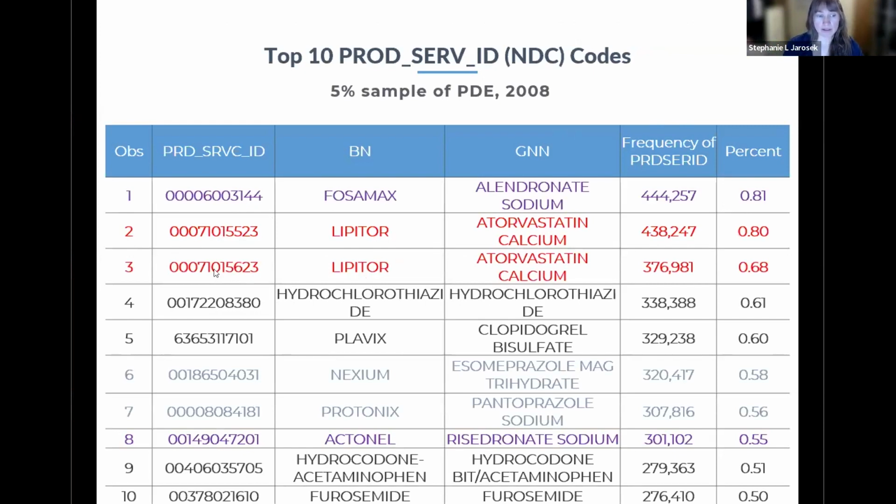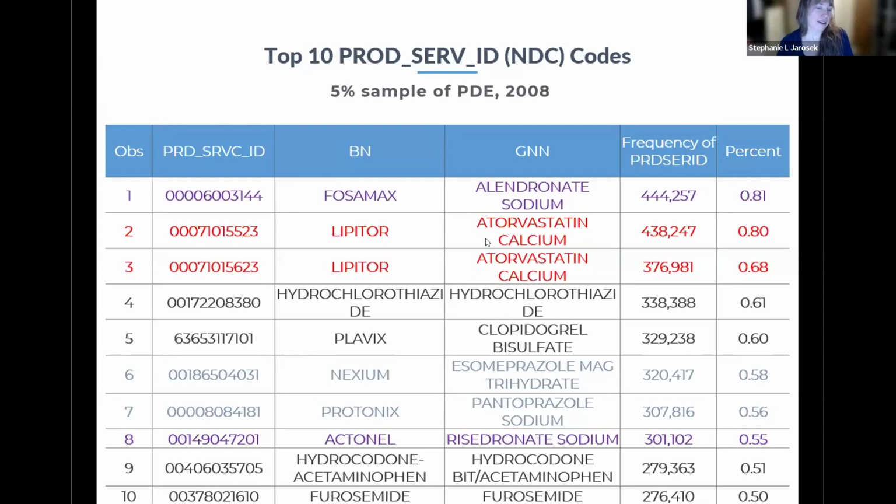We also have different drugs that we might consider to be in the same class. So it's the same kind of drug, but we can't really group them together using product service ID or brand name or generic name, as was alluded to earlier.